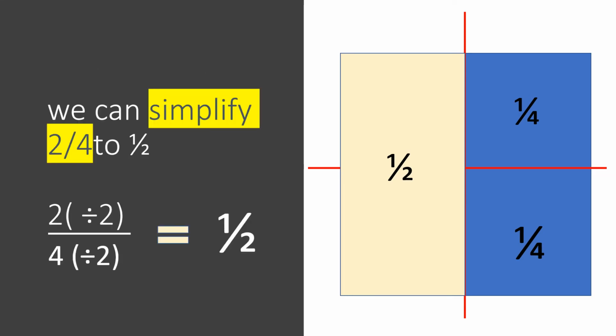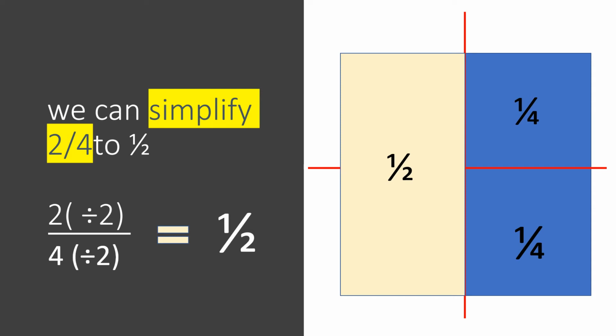Now we don't always have a picture of what we're working out. So here we see that we can simplify 2/4 to 1/2 by taking our fraction 2 over 4, and we can divide top and bottom by the same number, and the fraction we get will be equivalent. It will mean the same thing. You can see here that 1/2 is 2/4.